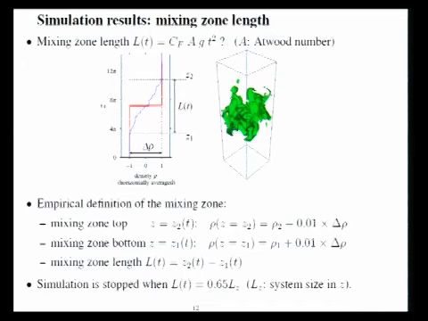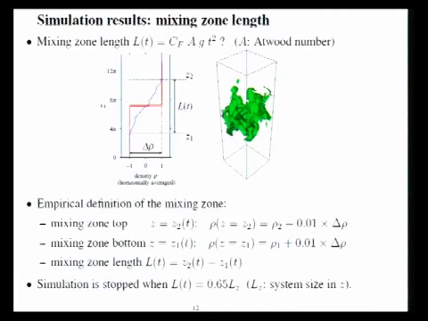So for that, I have to define the mixing zone length. It's just empirical; I try not to be clever. The mixing zone top is defined in this way: the density varies just 1% of this density difference, and I define that point as the mixing zone top.